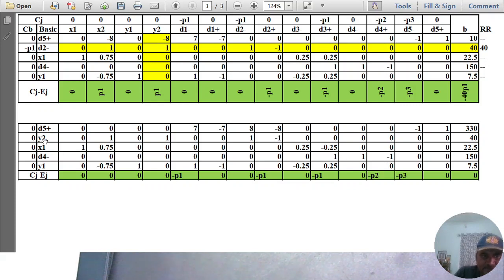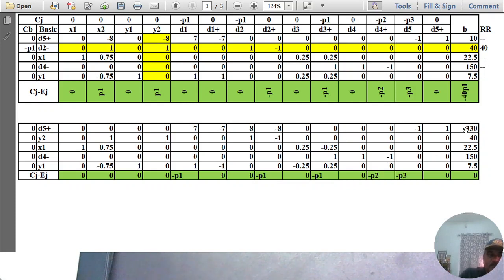Overtime means 40 units of B, taking 3 hours each, which means 120 hours, and 7.5 units of A, each taking 4 hours. So 7.5 multiplied by 4 is 30. 120 plus 30 is 150. We can minimize the overtime to that extent only. So D4 minus is 150.